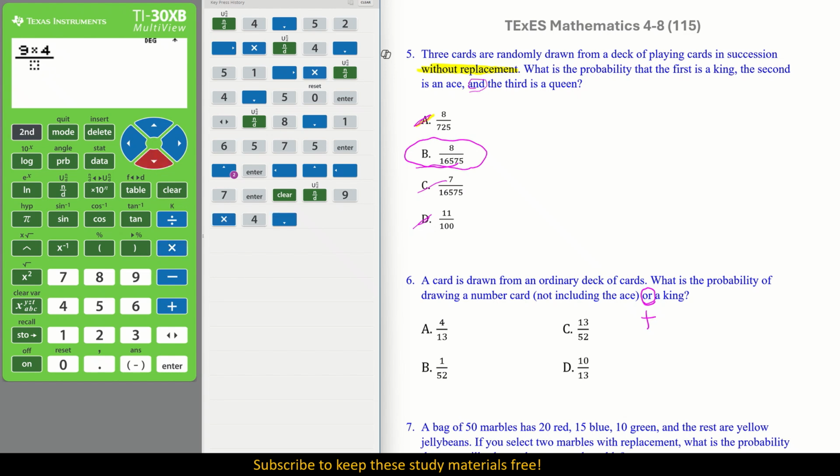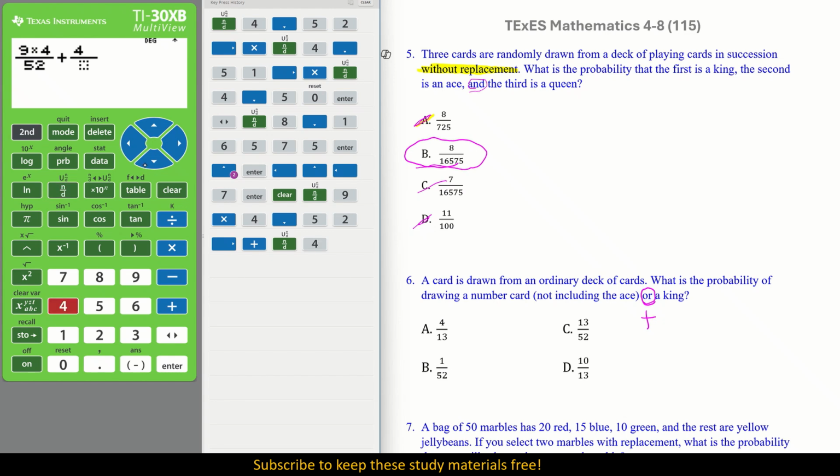Then I go down and say, wait a minute, what's my total outcomes? Well, the total outcomes is 52 still. Then I go over and I'm adding because of the word or. You set up your fraction. Well, that's a king. Okay, we're not talking about all the other cards in the deck, just king.